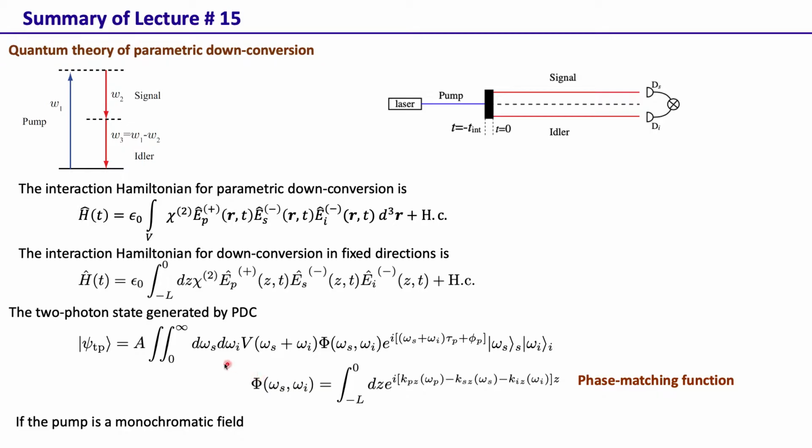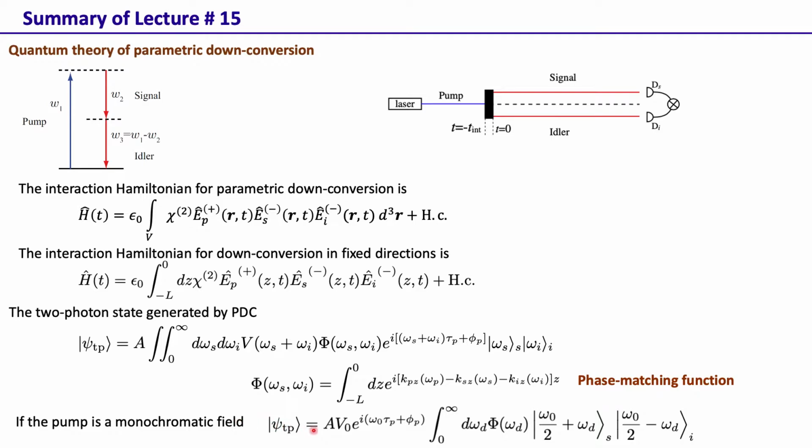Then we also did a change of variable and expressed this integral in terms of omega p and omega d instead of omega s and omega I. Within that we then considered a pump which is monochromatic, that means the pump frequency was just a single omega naught. In that case this becomes a single integral instead of a double integral, which is what it is when the pump is polychromatic.